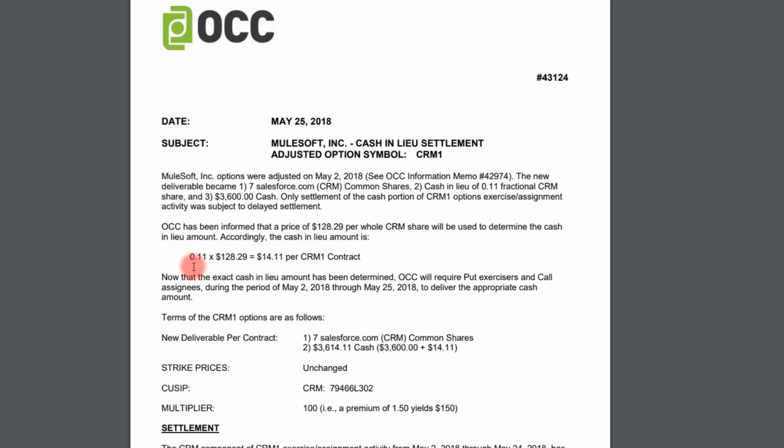So they're showing here the 0.11 times the Salesforce price at the time, $128.29, gives you an additional $14.11. In total, that's where the $3,614.11 is coming from: $3,600 cash, the deal price of $36 per share, plus $14.11. But then you also get the 7 shares of Salesforce. So that is the new deliverable per contract right there.